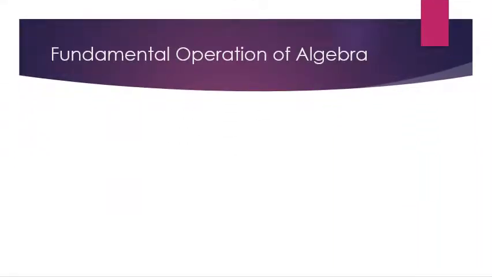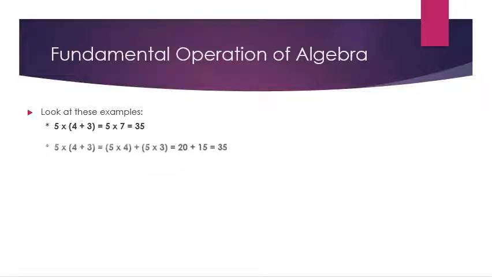Next example is about the distributive law. In this example, we can do 5 multiplied by inside the bracket 4 plus 3 equals 5 multiplied by 7. We add them first and we get 35.